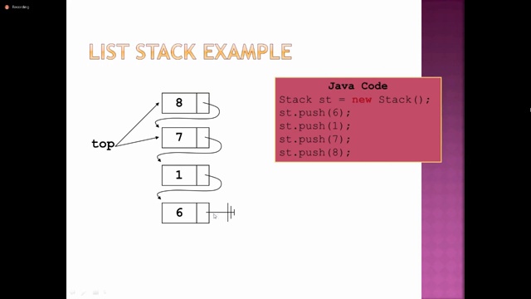The end is denoted using the last node. This is very much similar to bounding the thing. Then always the top is at the open end. Items are added from the top and items are removed from the top.